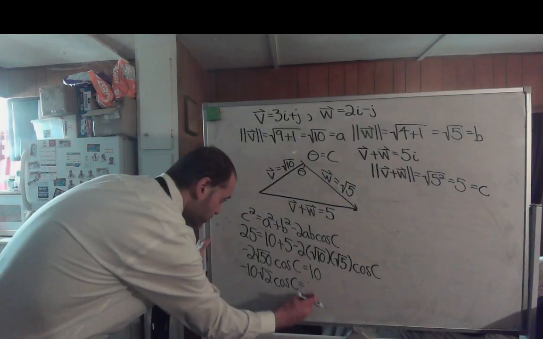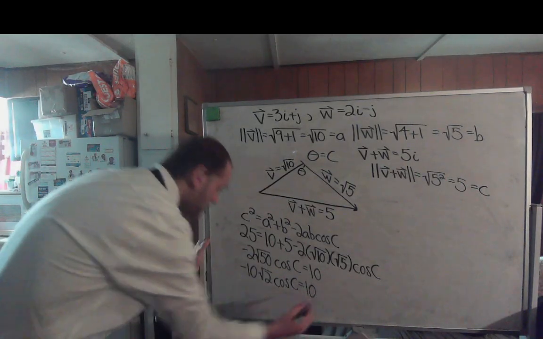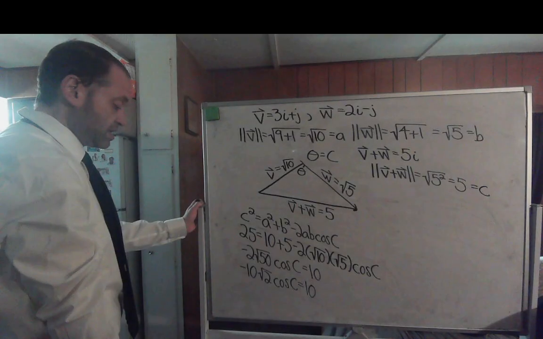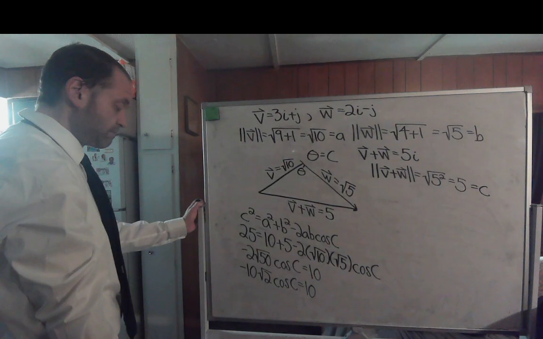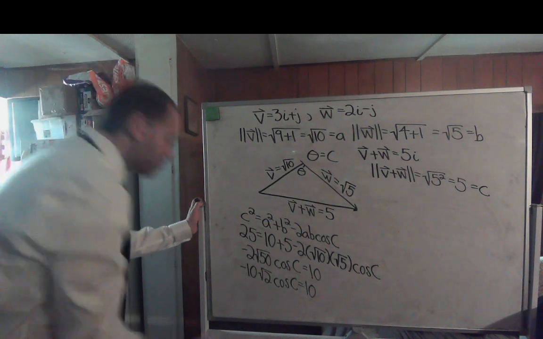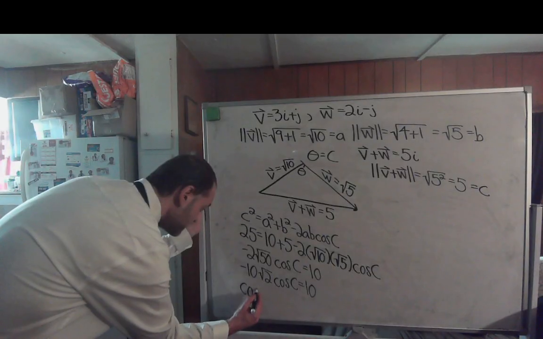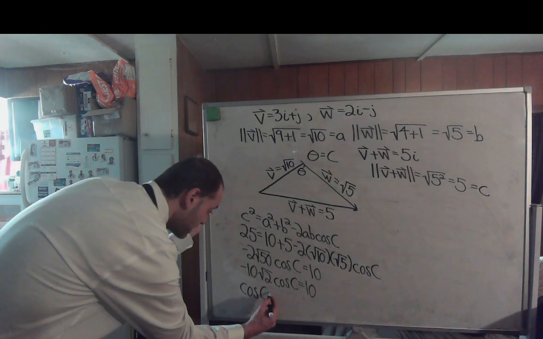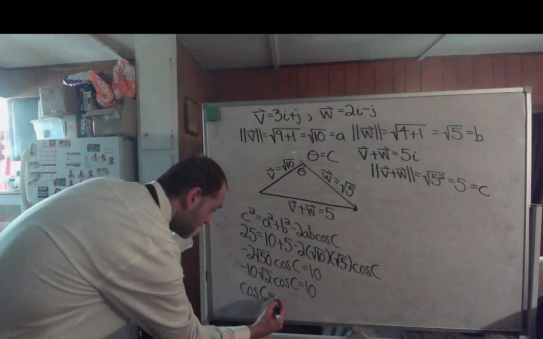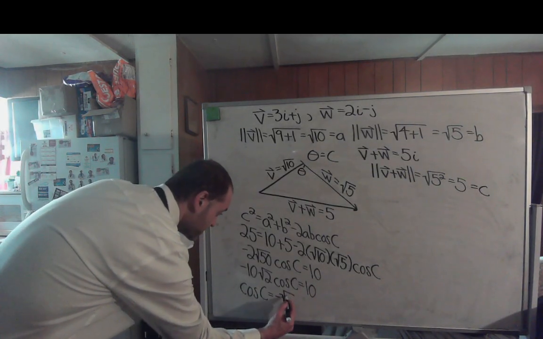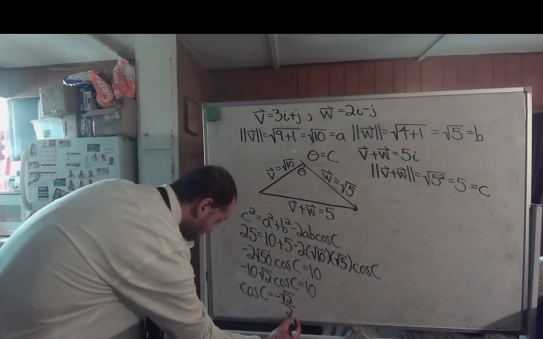Not 0, I wish it were that easy. Which means the cosine of c equals negative the square root of 2 over 2.